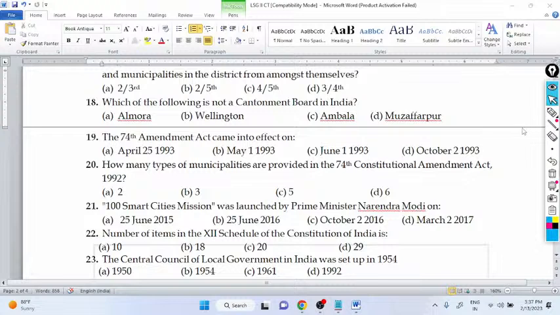The 74th Amendment Act came into operation on June 1st, 1993.